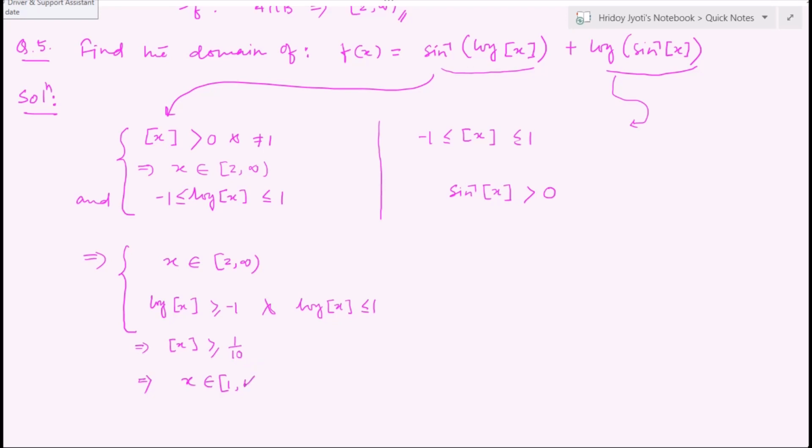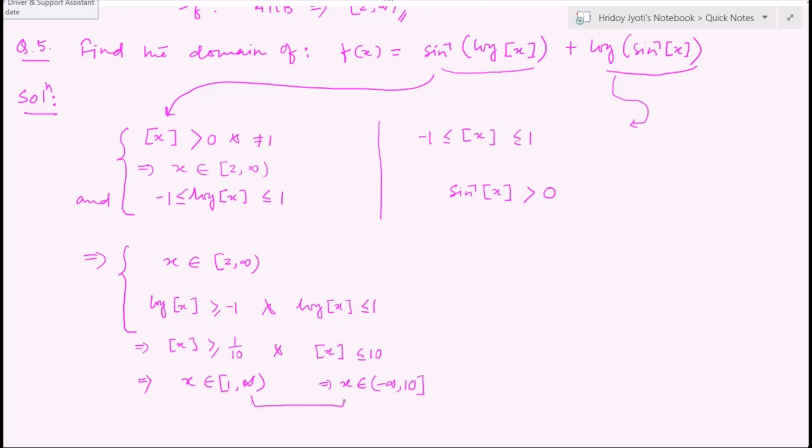Okay, 1 to infinity, this one. And this one will give us GIF of x less than or equal to 10. So x will be less than 11, so it will be minus infinity to 11.